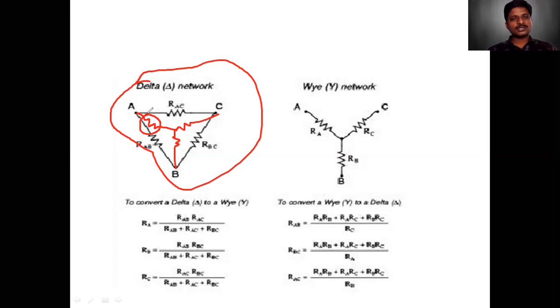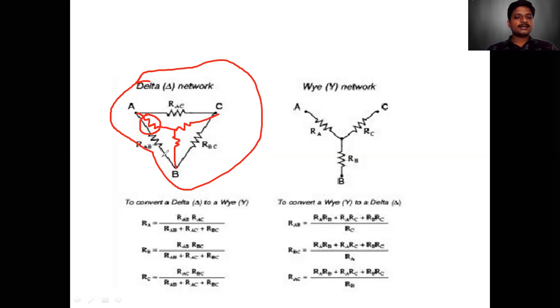What is the use of conversion? In some cases, we may have to find the equivalent resistance. In that case, if the circuit is not in series or not in parallel, we cannot find the resistance. In that case, we will use star delta transformations in order to find the equivalent resistance.